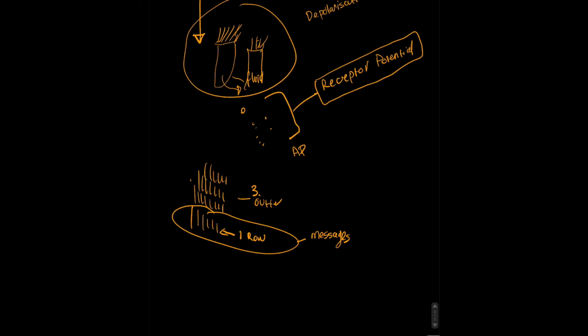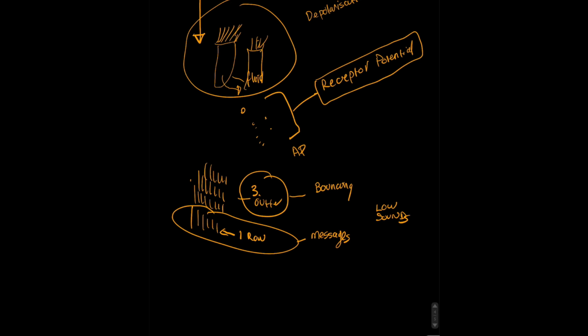But the outer hair cells' job is to make something more bouncy, to amplify the message to some degree, and they contain a lot of contractile proteins, and that makes the cochlea much more sensitive to low sounds. If we didn't have the outer hair cells, we would not have the ability in the cochlea to hear low sounds. So it's really important to understand that.